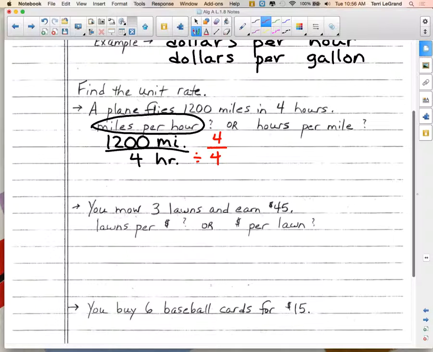So 4 divided by 4 is 1, right? And that's 1 what? What's its label? Hours. And then what is 1,200 divided by 4? 300. Okay. So 300. And what are those? Those are miles.